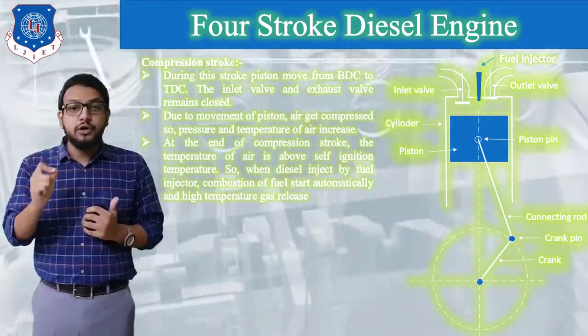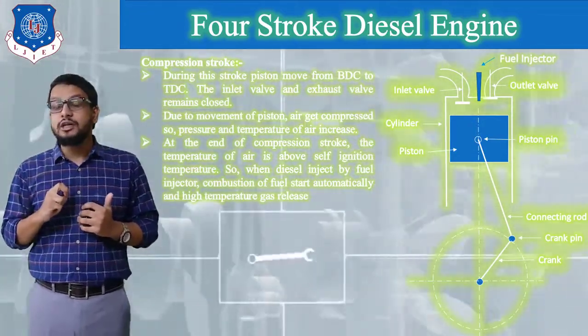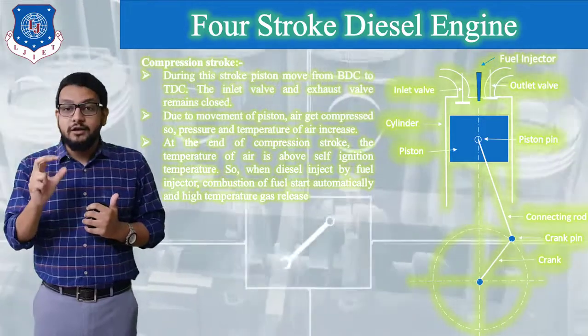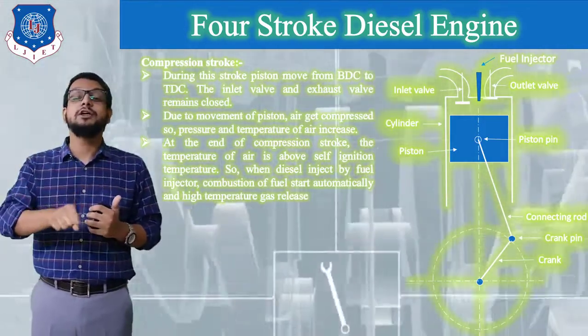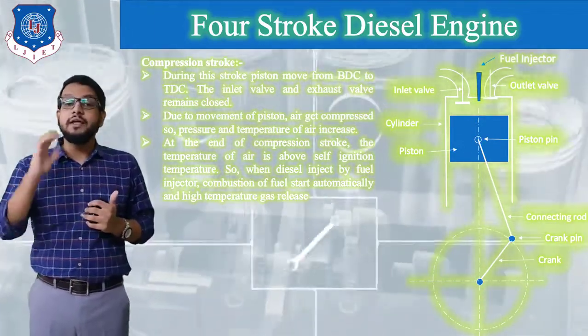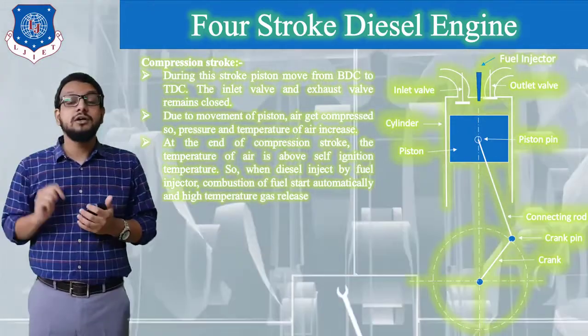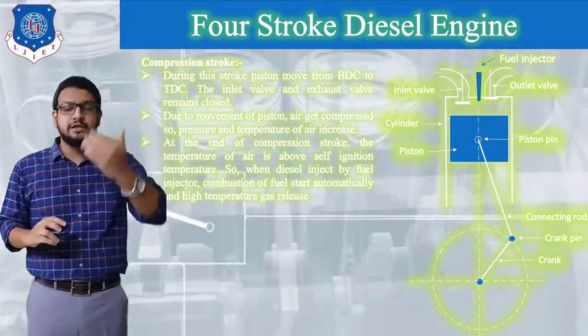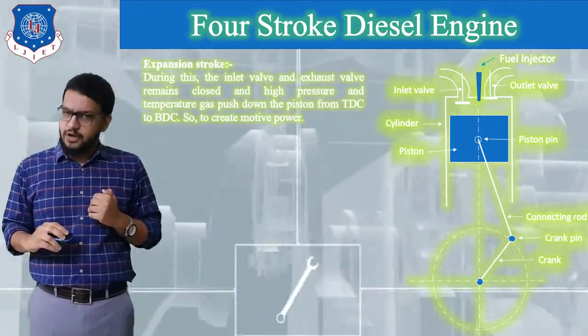And if it's so, then we would say when diesel is injected at the end of compression, the temperature of air will be much higher than the self-ignition temperature of the diesel fuel. So, diesel fuel will be ignited by itself as soon as it is sprayed into the cylinder by means of the fuel injector. So, let's see our next stroke, that is our expansion stroke, that is the power stroke.